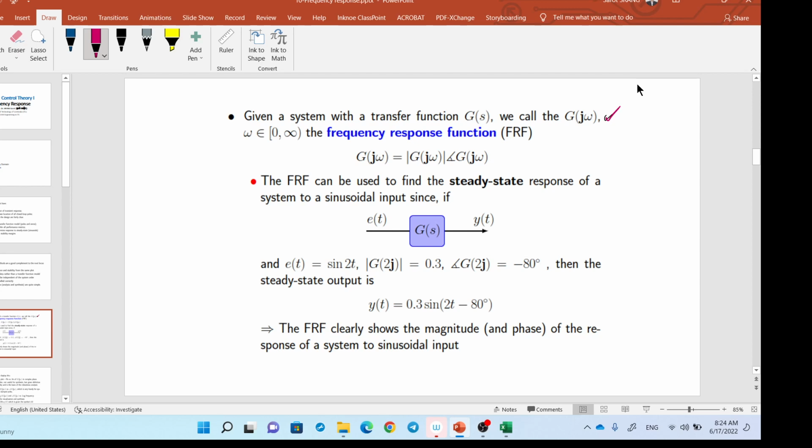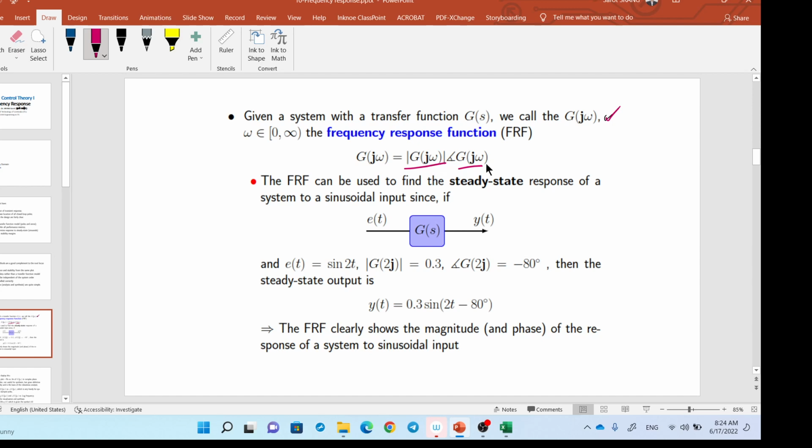Omega means the angular velocity of the signal that you input to the system, and it is positive. So from here you can see that the frequency response function is a complex number. For any complex number you can express it in terms of the norm or the magnitude of the complex number and the phase.